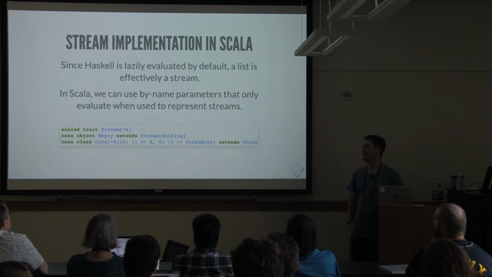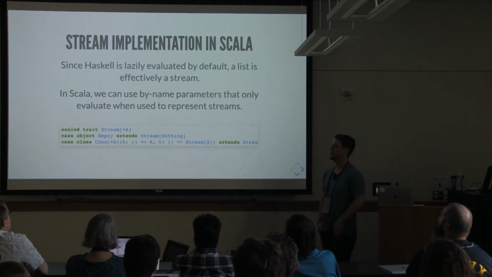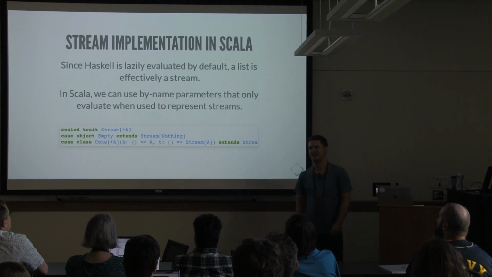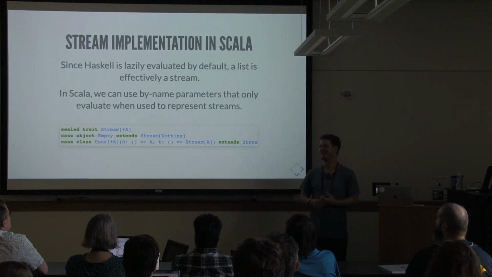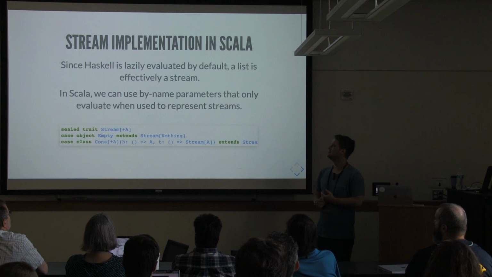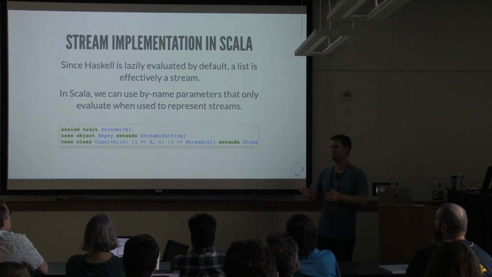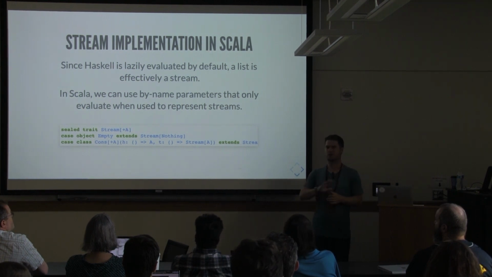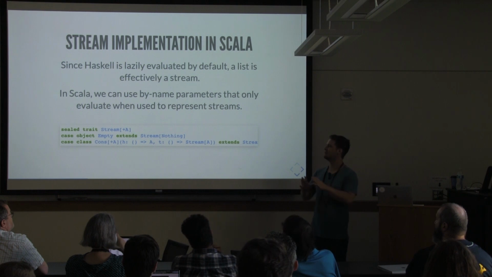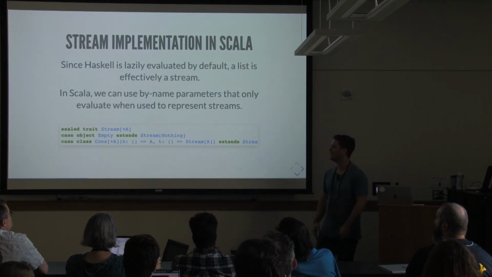In Haskell, because the runtime is lazy by default, a list is effectively a lazy list or a stream. Also, one clarification: sometimes stream is used to reference other things, like stream processing, like Storm. There are just some different definitions. Here I just mean a lazy linked list.